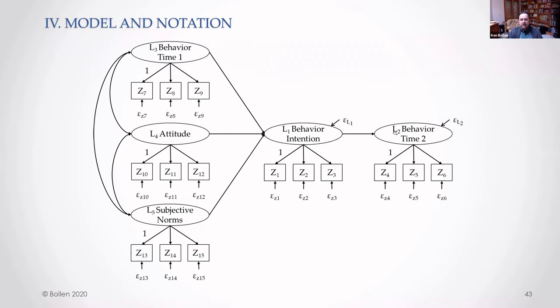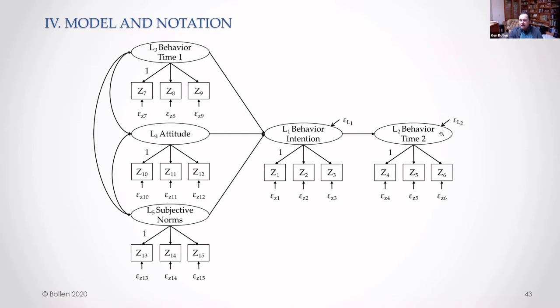This is a representation of a very common model in social psychology, also used in population studies, some in sociology, political science, some behavioral intention models, where you're interested in a particular behavior, and you think that one of the primary determinants of that behavior is the intention the person has to engage in that behavior. And then what determines that behavior intention? Well, it's past behavior, the attitude the person has toward that behavior, and the subjective norms.